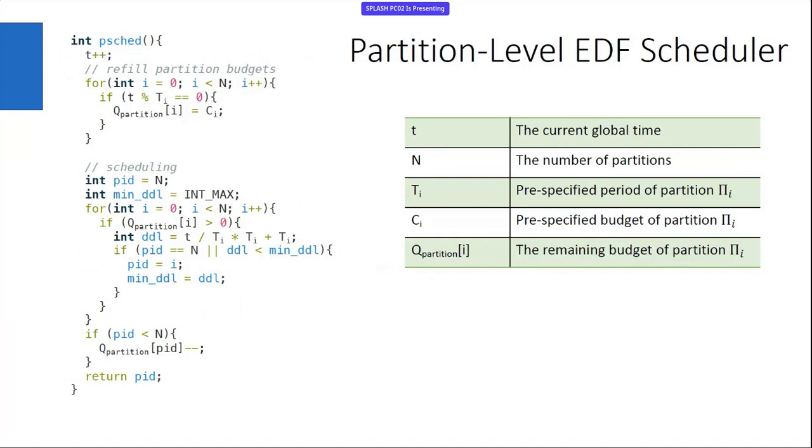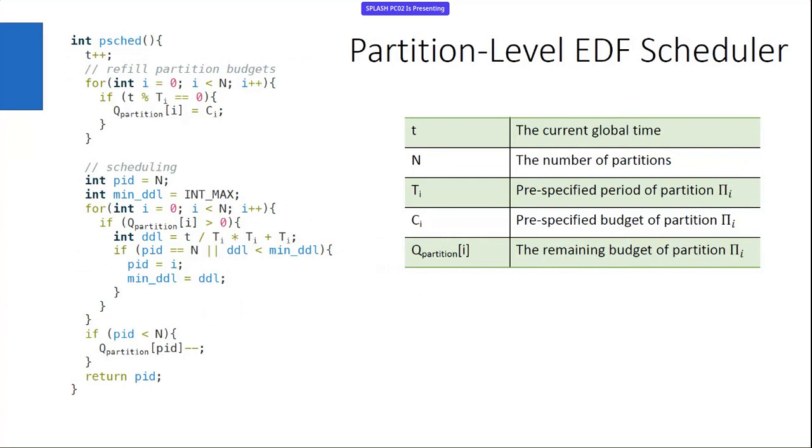You start with the PID n because we're only going through partitions 0 to n minus 1. If the remaining budget for partition i is equal to 0, then we ignore it because nothing needs to run. But if it's larger than 0, we calculate the deadline of this partition i by doing this divisibility computation, and see if it's less than the minimum deadline. If it is, we set the minimum deadline.